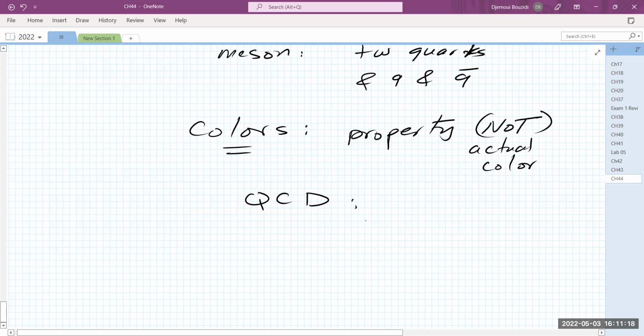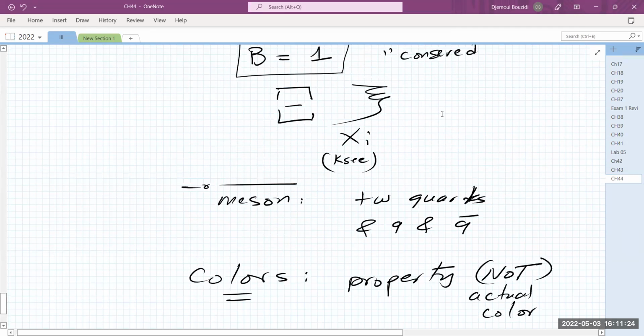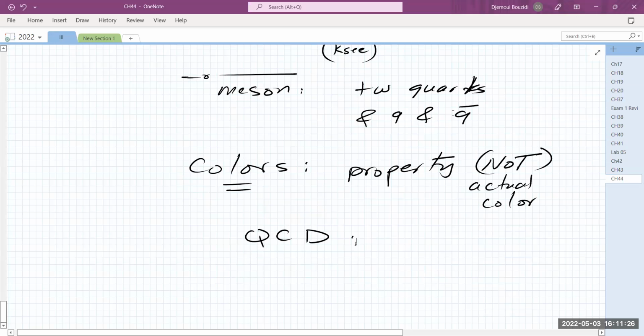What quantum chromodynamics does is append another property to each of those quarks, giving it a specific value. Later on they called it color. So you have blue, green, and red, just like the RGB colors of light.